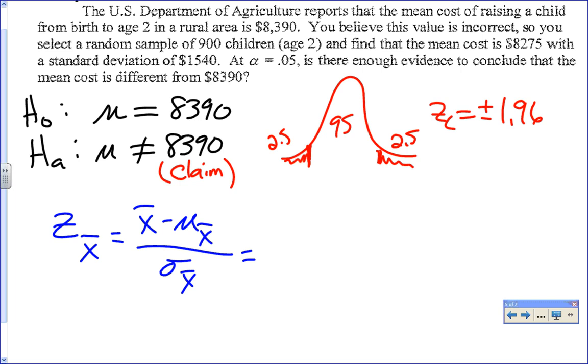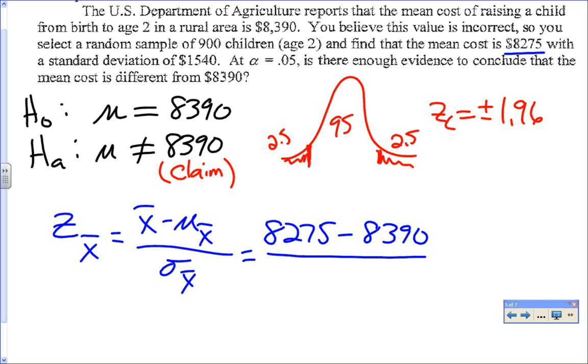Our sample mean was 8,275, right? So that's X bar minus the mean that we're comparing it to, which is 8,390. So right away, we know which of our two critical values we're going to be trying to surpass, right? The negative one, because we already know it's negative at this point.